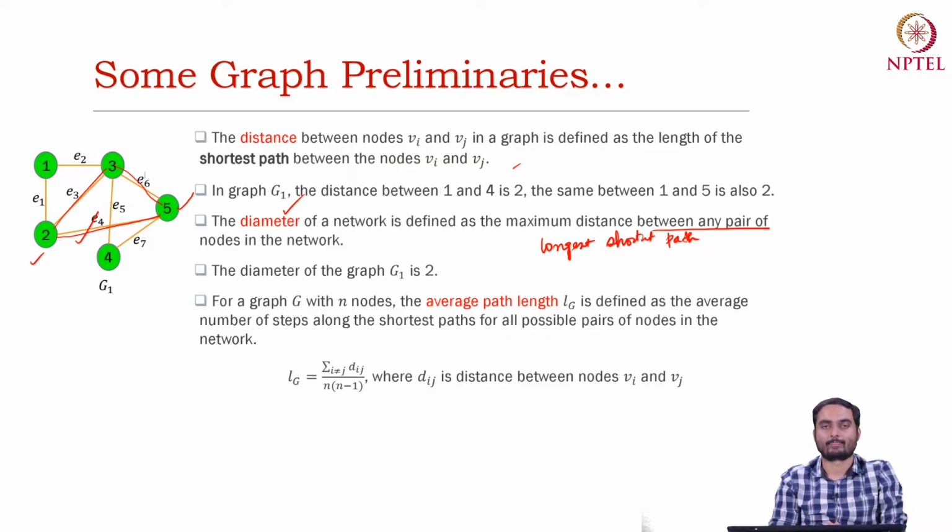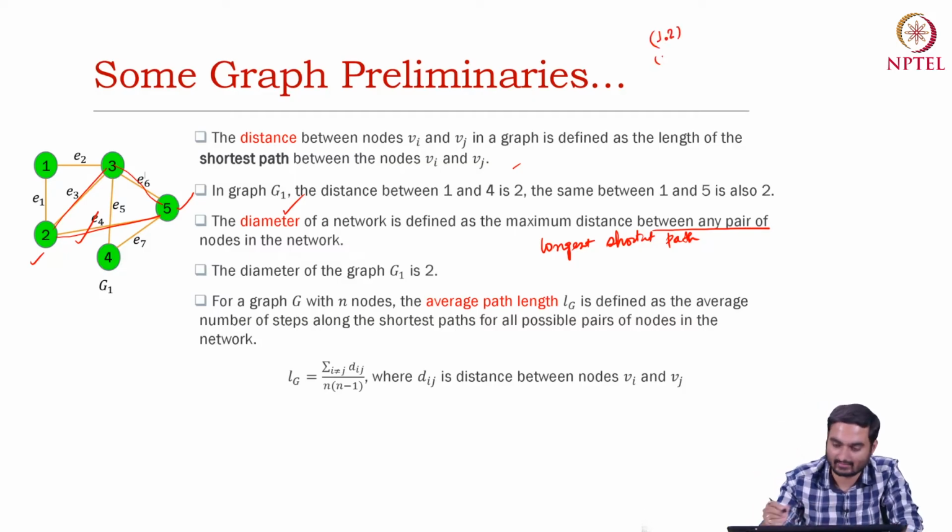What does it mean? So remember, diameter is a property of a graph, whereas distance is a property of a pair of nodes, right? So what's the diameter? You take all pairs of nodes. Now for every pair you measure the shortest path, and then you choose that pair whose shortest path is maximum, longest among all the other pairs.